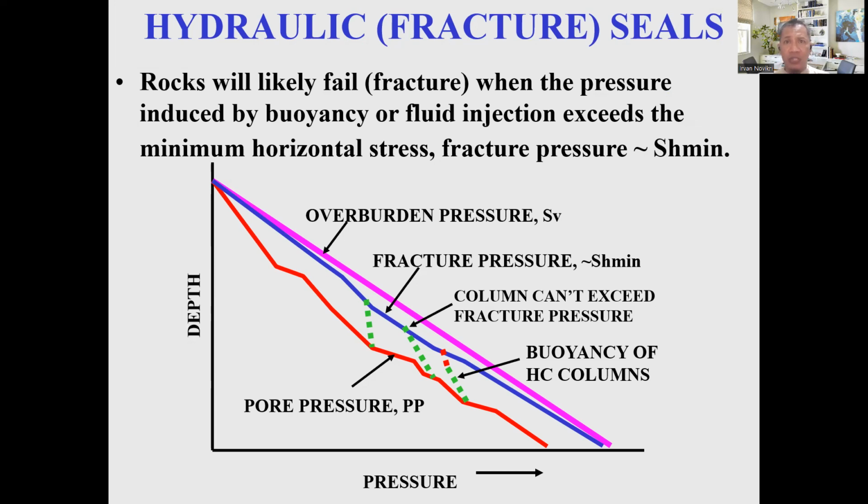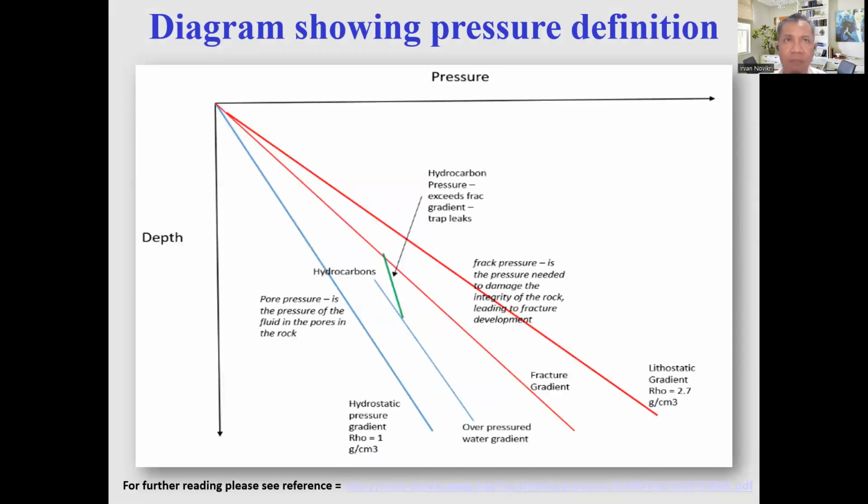It is important to note that columns cannot exceed the fracture pressure, to maintain the integrity of the hydraulic seal. This means that if the pressure exerted on the rock exceeds its ability to withstand it, it will likely break or fracture.